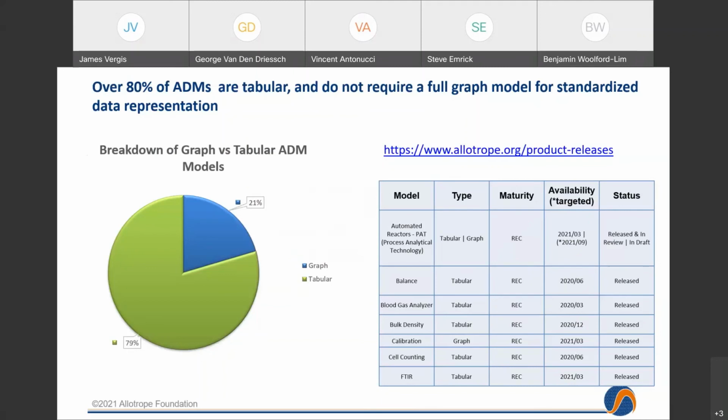So I think that underscores some of the points that George was mentioning, and these use cases like qPCR for DNA quantification or FTIR for substance identification. These are common use cases across the industry, and having a more agile and rapid modeling development capability, I think, benefits the overall community in terms of getting to higher levels of interoperability and data standards. Next slide, George.